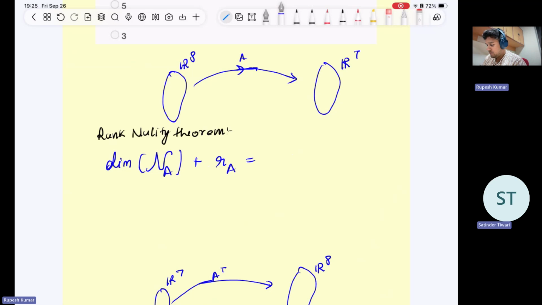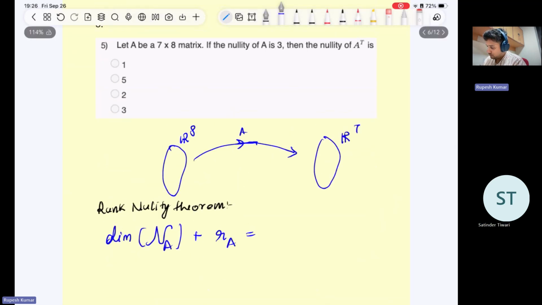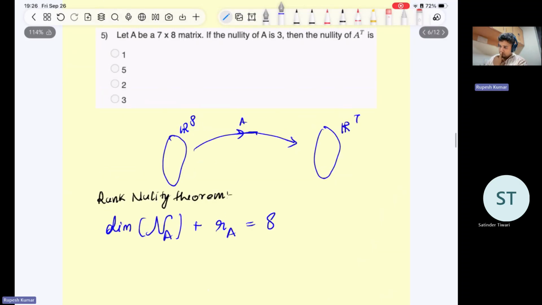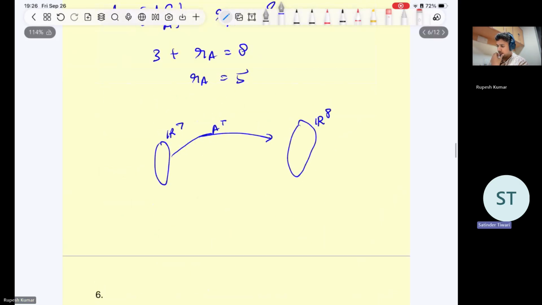The rank RA is essentially equal to the number of columns. So the question says the nullity is 3, basically the dimension of NA is 3. So put 3 here, plus RA equals 8. This means the rank of A is 5.